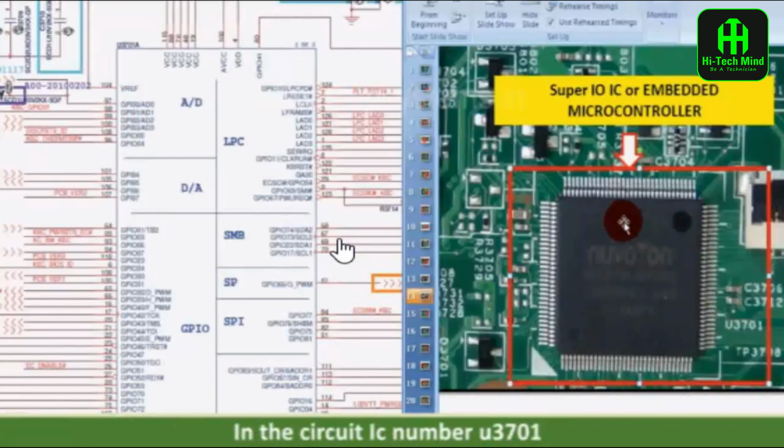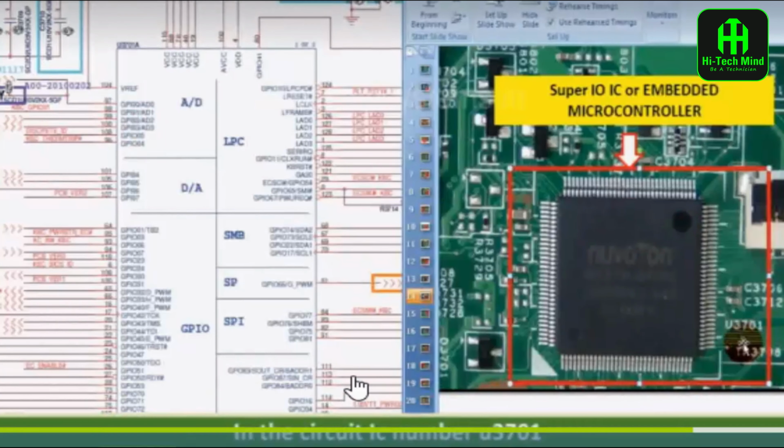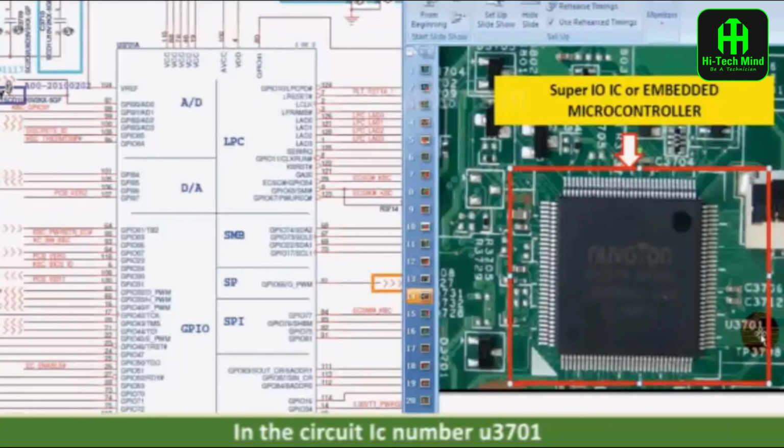In this circuit, IC number U3701 and this is audio codec IC, and in the schematic U3001. This is the audio codec IC.